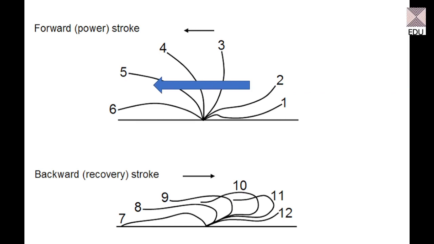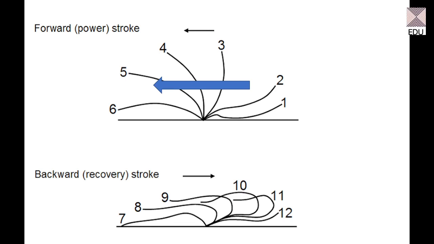It is written number 1, then it comes to the number 2 position, then 3, 4, 5, and 6. So the cilium is moving from right, number 1, to the left, number 6. The movement of the cilium is from right to left.